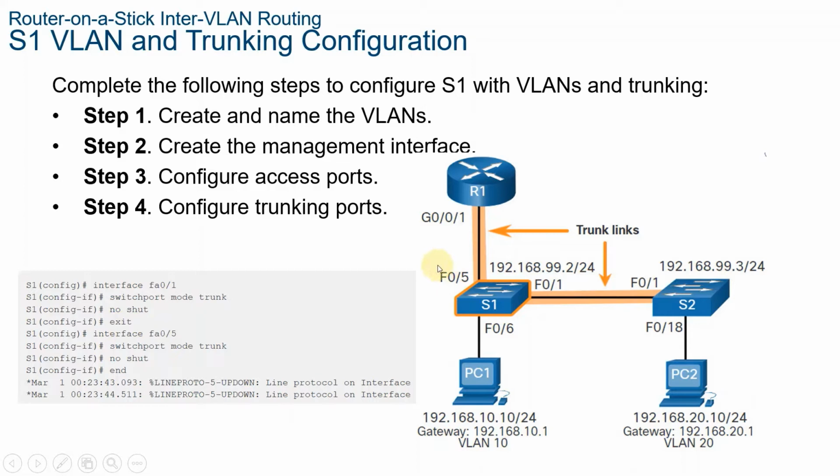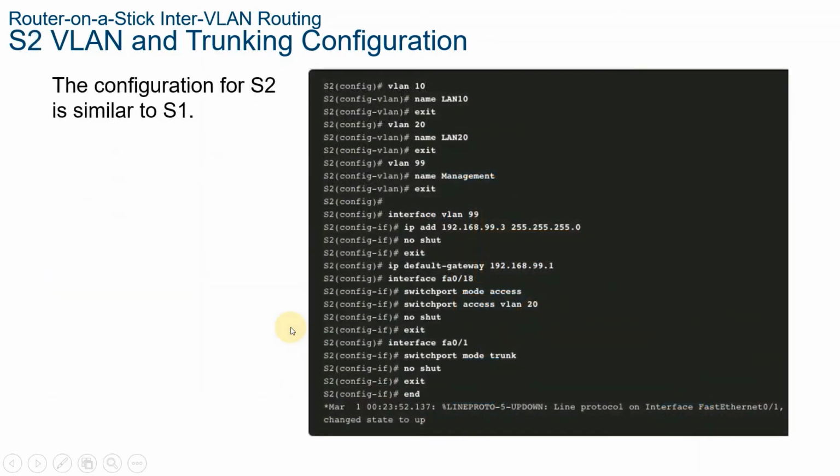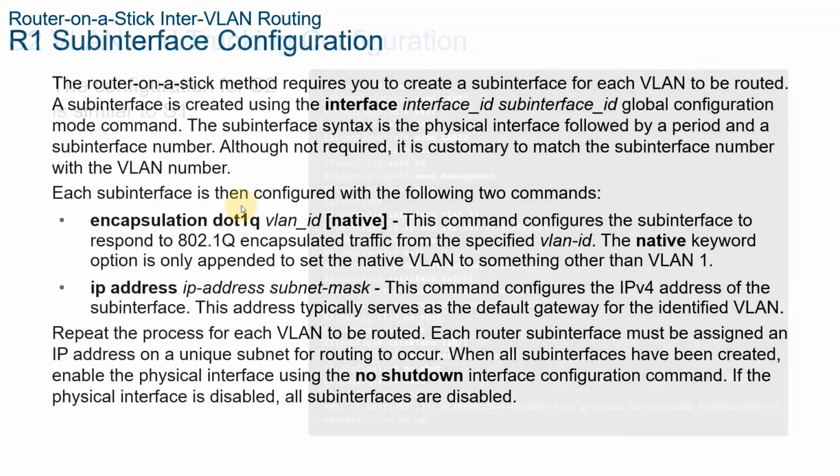Also, we need to configure FA0/5 here: switchport mode trunk, no shutdown. Afterwards, there would be a notification that the interface is up. This is the summary of the configuration we have just made on the recent slide. The configuration is similar on both switches.